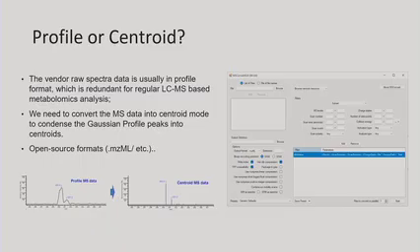In this step, we have to figure out the difference between profile data and centroid data. Usually the vendor raw spectral data is in profile format, which is redundant for regular LC-MS based metabolomics analysis. We need to convert this profile MS data into centroid mode to condense the Gaussian profile peaks into centroids. As I have illustrated before, there are a lot of scans during data acquisition.